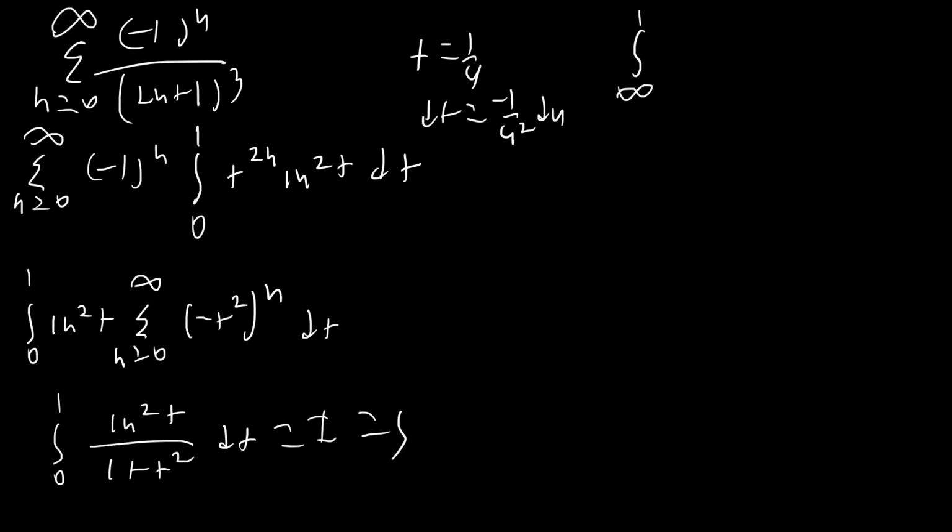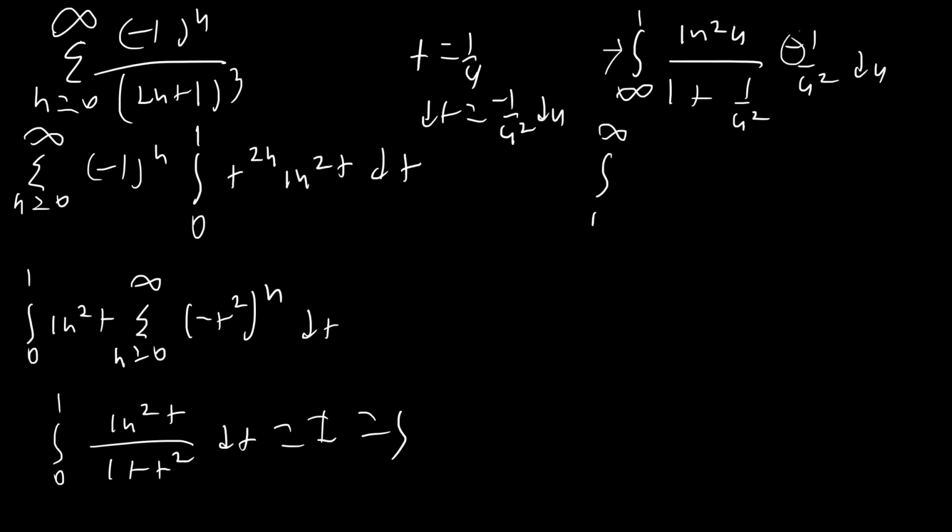Then on the top, ln squared of 1 over u is the same as ln squared of u, because ln of 1 over u is negative ln u. Then we're going to have 1 plus 1 over u squared times negative 1 over u squared du. And when we absorb this negative sign, we can flip our bounds, and we're going to have ln squared of u over 1 plus u squared du.